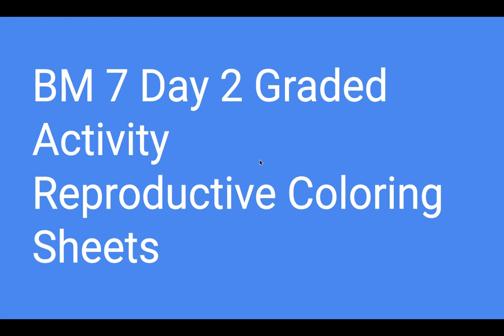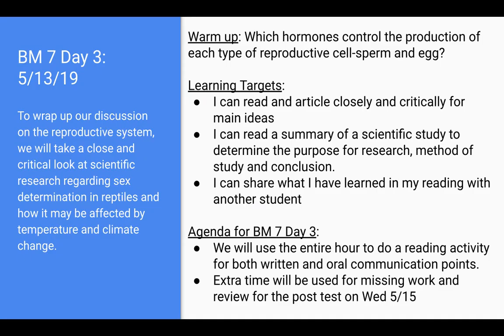Okay, so I will be uploading two coloring sheets for you so that you can understand a little bit more about the two reproductive glands, testes and ovaries. The third and final activity for the endocrine system is a close and critical reading activity. It's about some topics that are not related to the human system, but these are really cool.